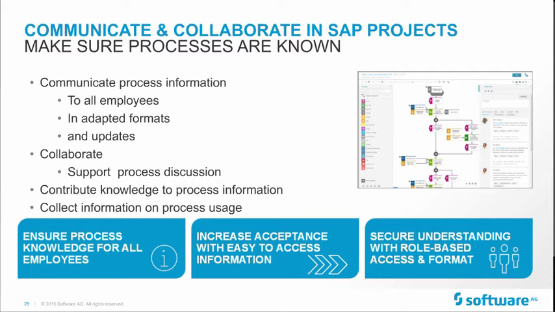Of course, it's important to have that in adapted formats. So here you've got a screenshot of a process, but you also have possibilities to use different formats, maybe tables, maybe what is called step views, so a very easy design of process information, so that it's adapted to everyone in the company.